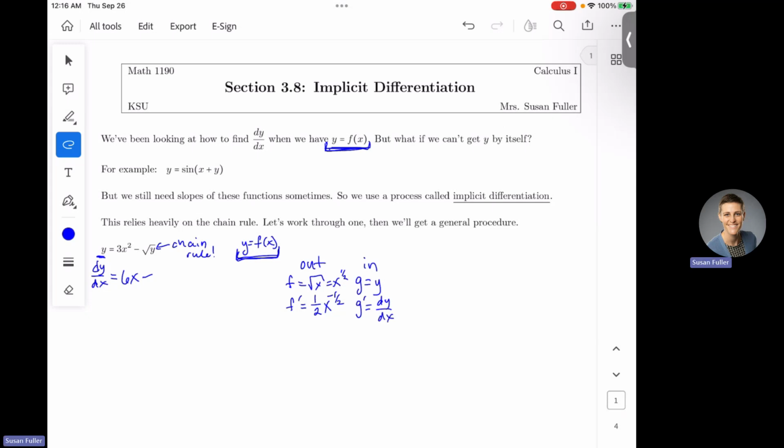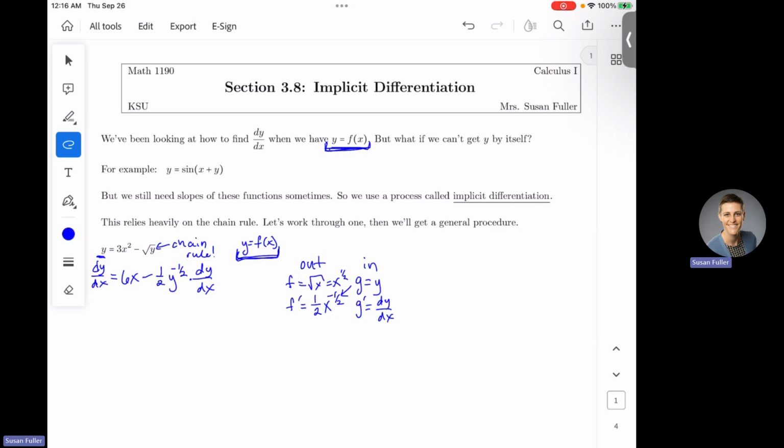It's whatever the derivative of y with respect to x is. And so now I'm going to finish the chain rule. I'm going to take my g and plug it into f prime. And so I'm going to have 1/2 times y to the negative 1/2 times g prime, which is dy/dx.